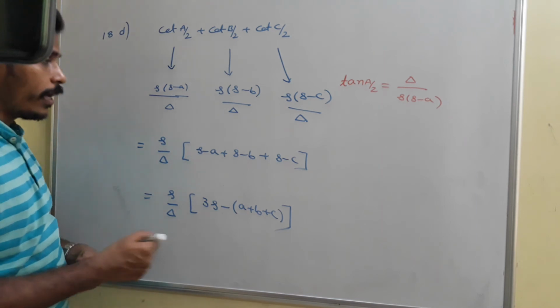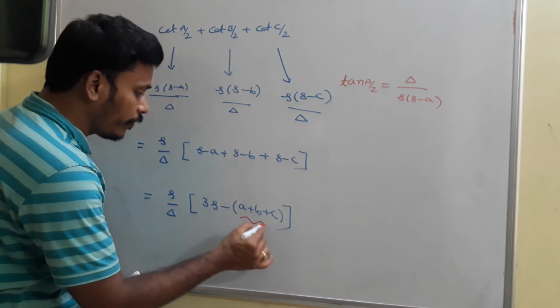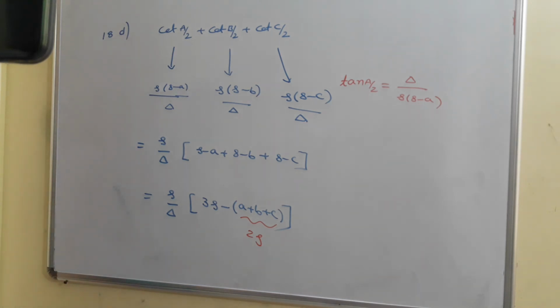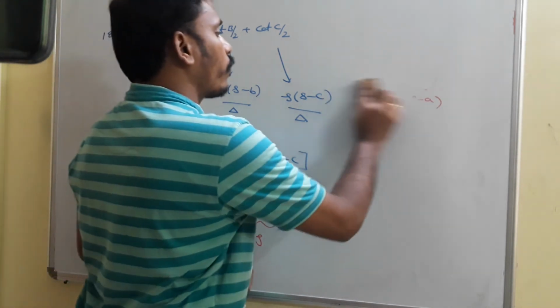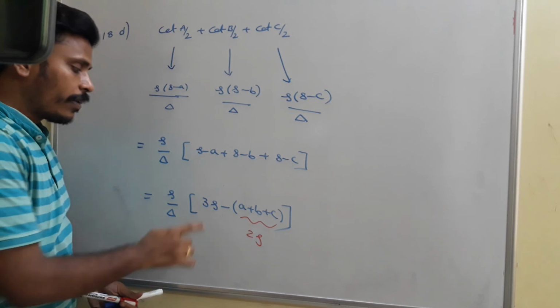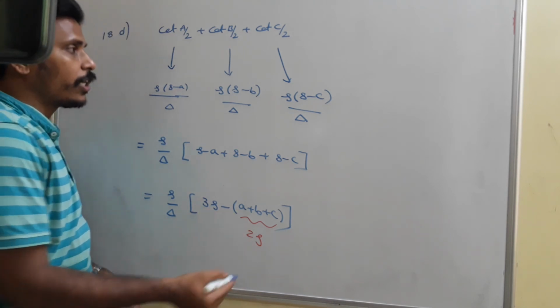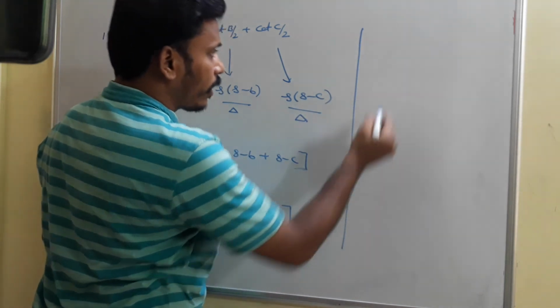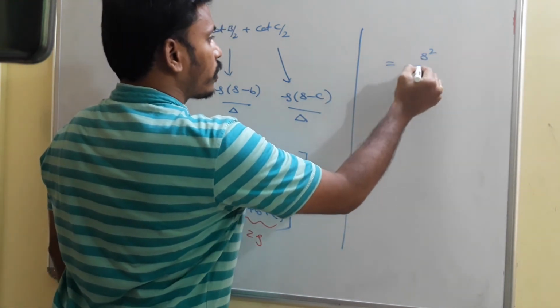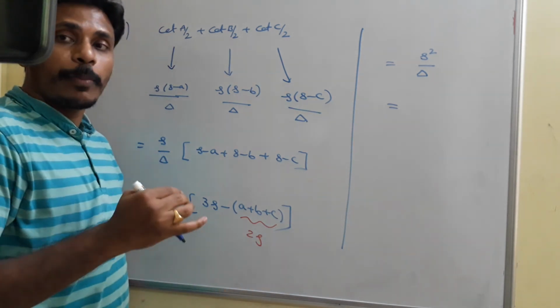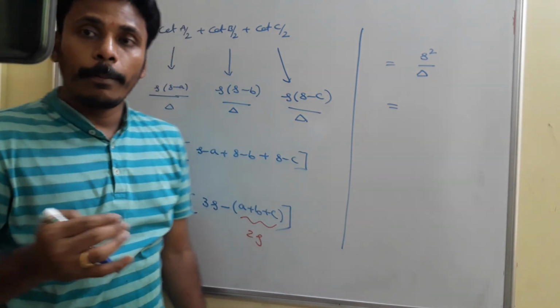So you replace a plus b plus c with 2s. Then 3s minus 2s is s, and you will get s into s, that is s square by delta. So this is equal to s square by delta. And now we need to show it as a plus b plus c whole square by delta.